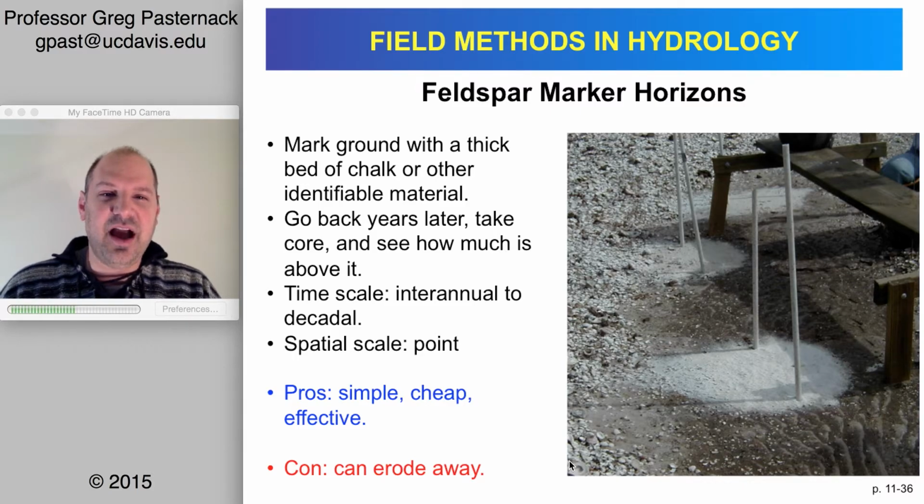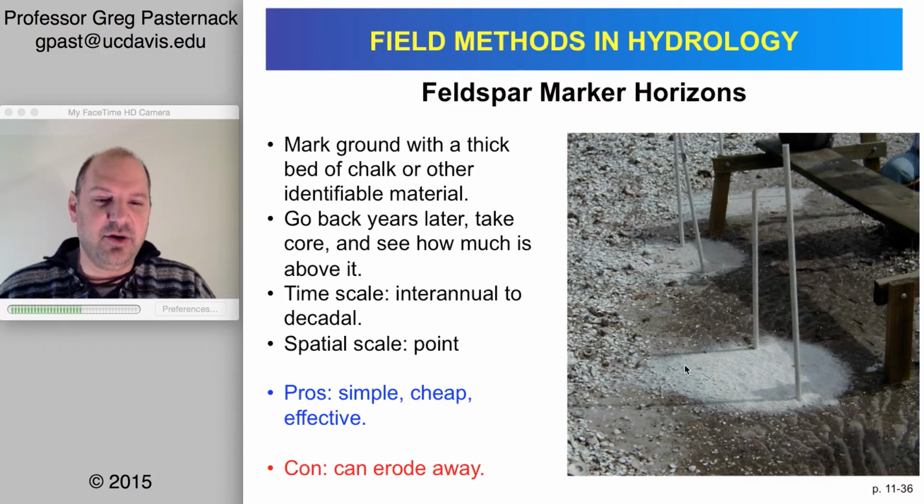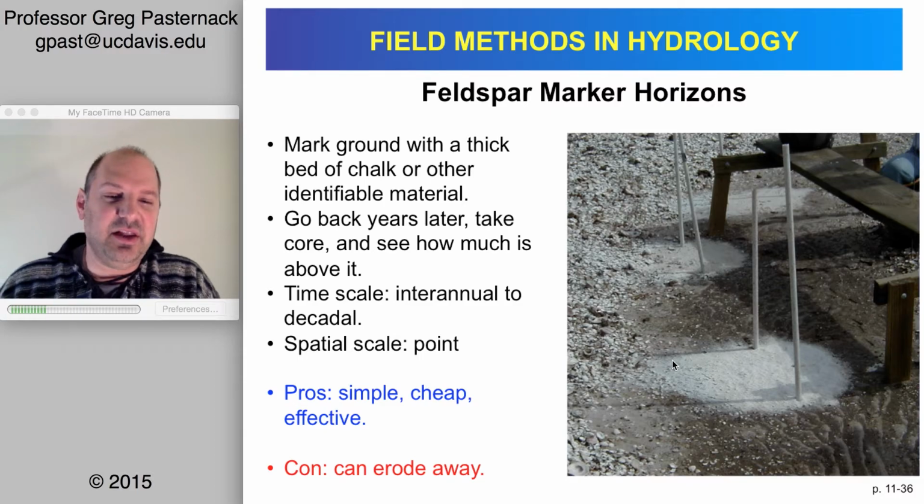Okay, I promised I'd cover the marker horizon. A feldspar marker horizon is basically like a chalk or a very fine clay cohesive material. You put it out on the ground, on the surface, and then over time, if you're in a depositional environment, you'll get a deposit on top of that.